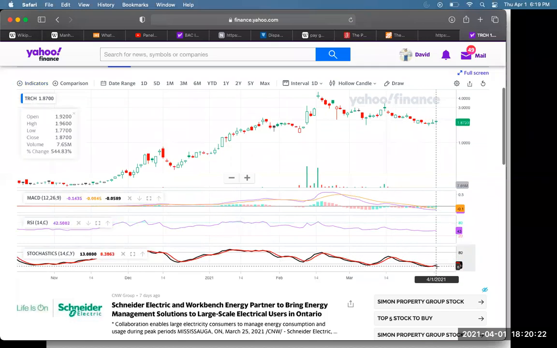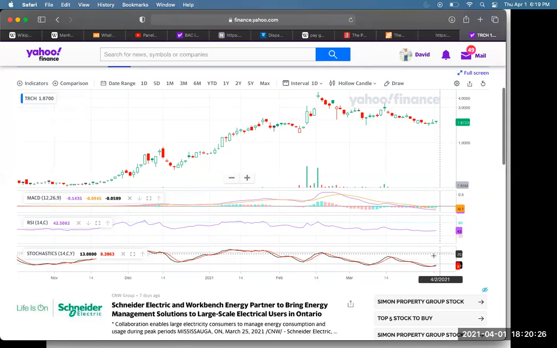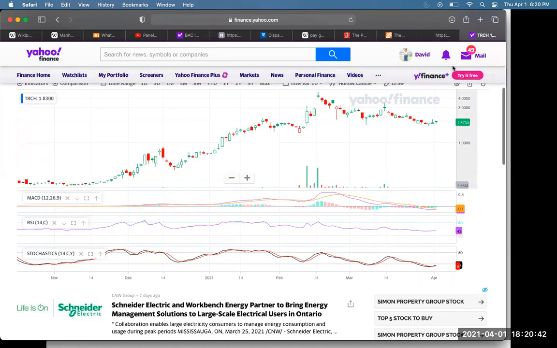And if it's oversold, here you go, the stochastics say it's oversold. If you go and read the details about how they're actually calculated, you can calculate these on your own. Is it reliable?